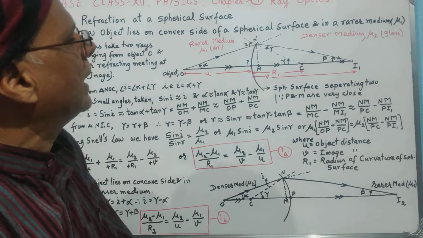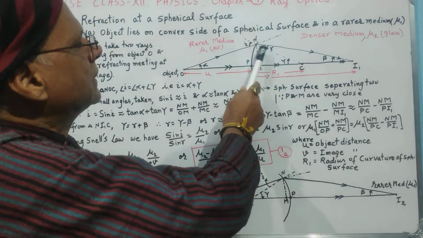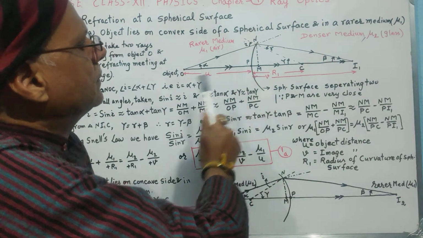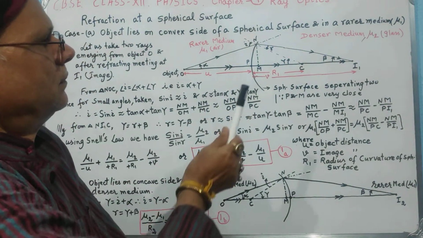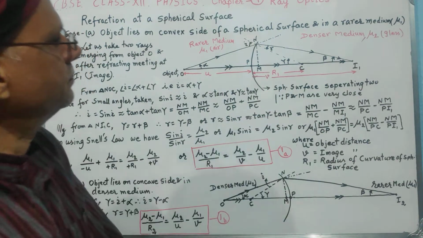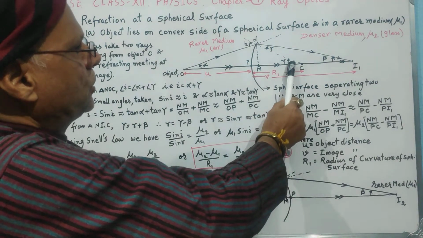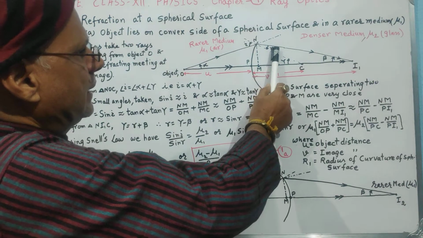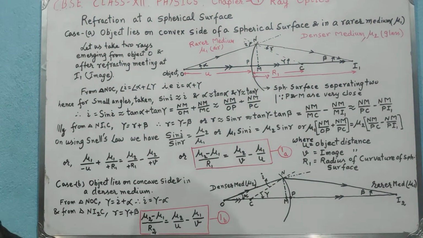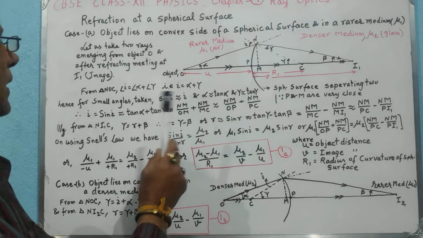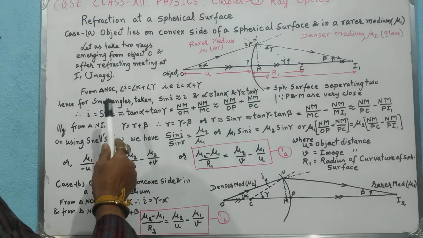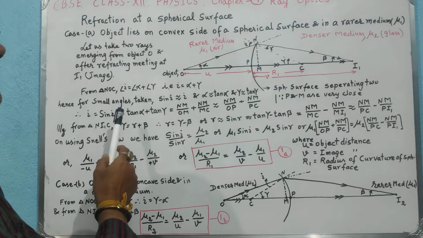Now if you look at this triangle NCI1, you see that the exterior angle gamma must be equal to the sum of interior angles r plus beta.